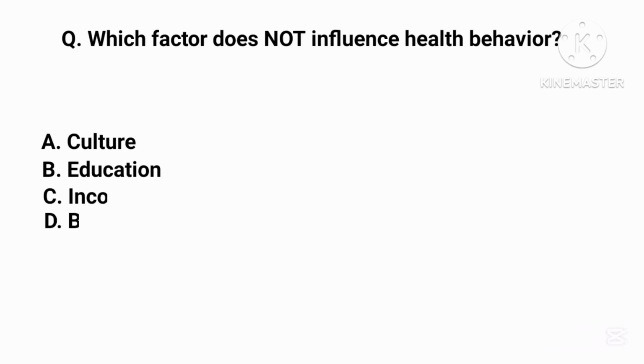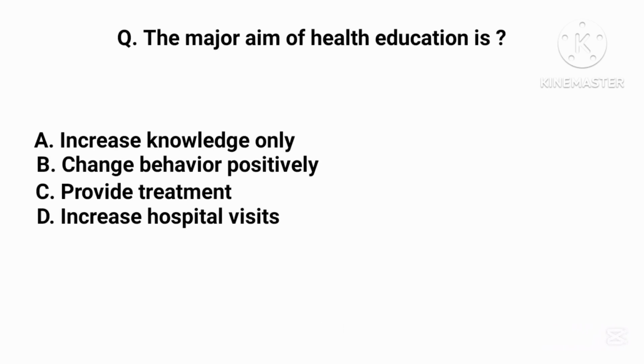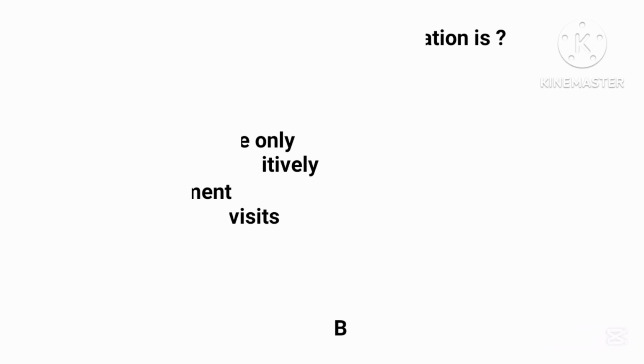Which factor does not influence health behavior? Correct answer is option D, blood group. The major aim of health education is. Correct answer is option C, change behavior positively.